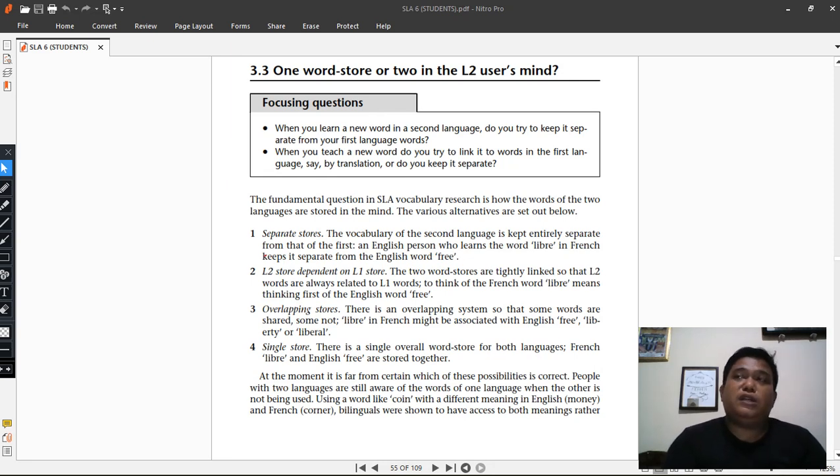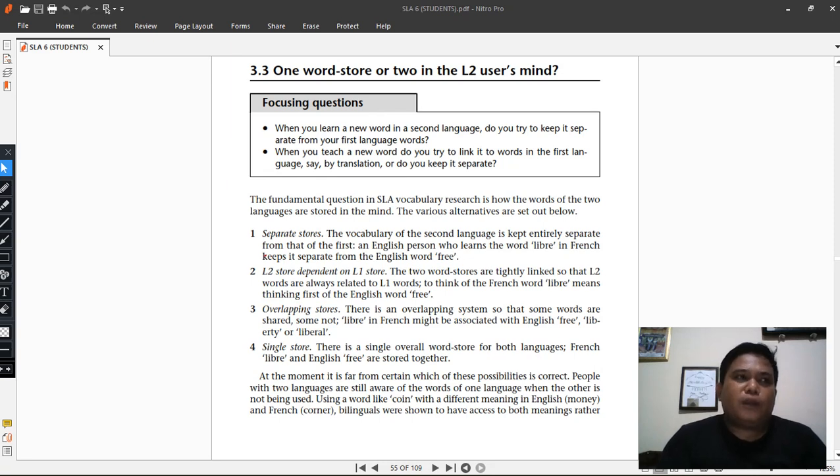Sometimes it will be difficult for your brain to put it together when you want to speak only in the second language or in the first language. It's a bit difficult because you only have a single store. But it won't be trouble for the separate stores, and also the stores dependent on the L1 store. It won't be trouble, especially for separate stores. There's no trouble in mastering the second language.